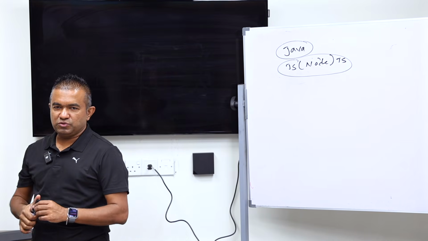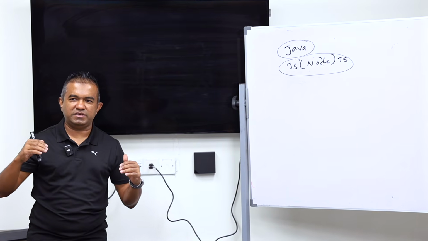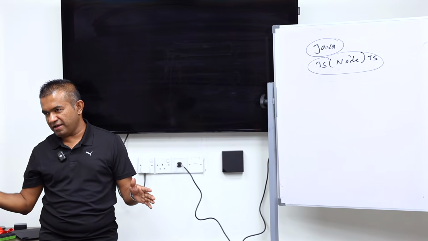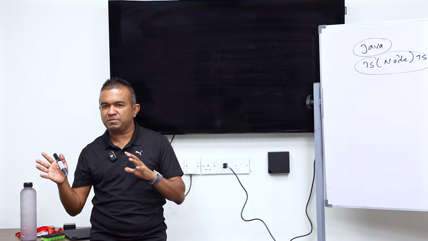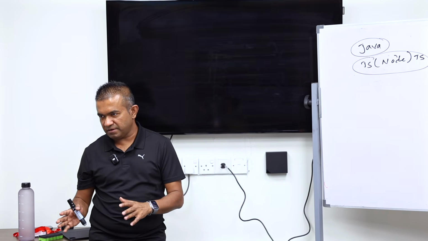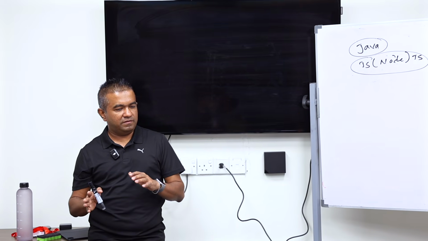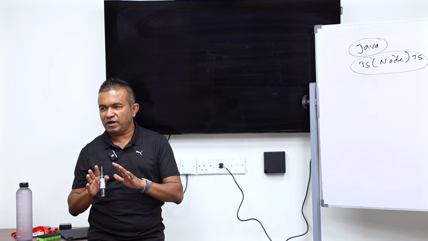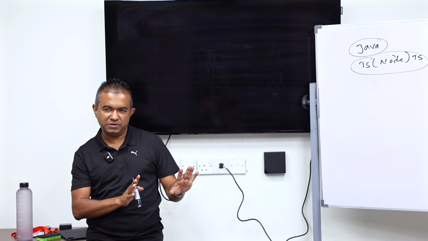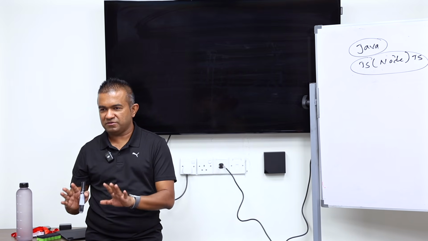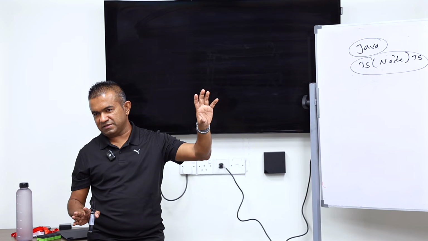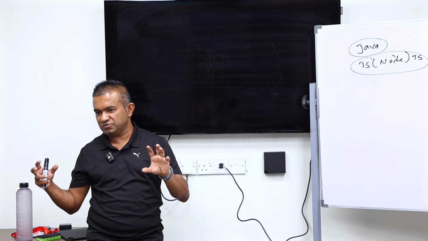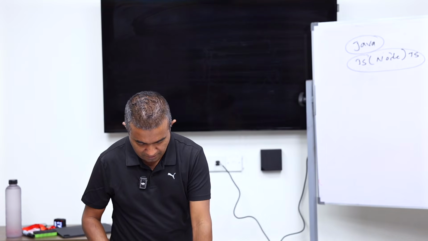I am not saying I am going to completely teach these languages, but Java is a little different and more complicated than JavaScript, and therefore I will take you through Java a little deeper, but not much on JavaScript or Node.js. Once you learn the Java concepts, it is easy to understand JavaScript.